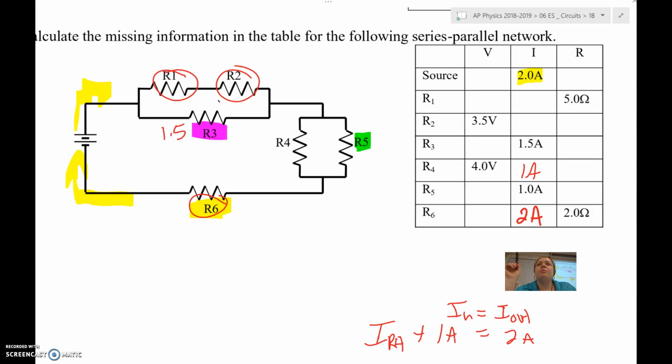Is it going to be the same current over both of those? What do you think? Yes. Can you think of why? It's in a line. The current only changes when the path changes. Up here there's no change in the path, so it has to be the same current over both of those. So there's 0.5 and there's 0.5.